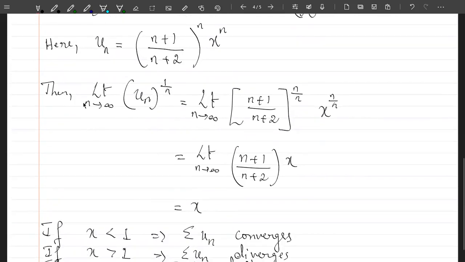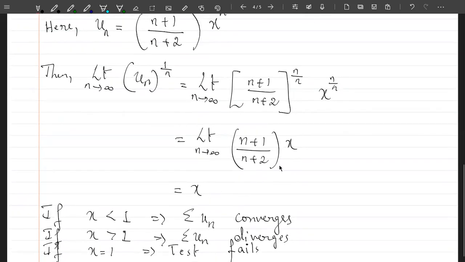So now I can immediately get the value of limit n tending to infinity un power 1 by n, that will be limit n tending to infinity n plus 1 by n plus 2 to the power n by n. So here n and n will cancel. So I get this term over here, and of course x power n by n will be nothing but x. Now I get x over here, because what will be the value of this limit as n approaches infinity?